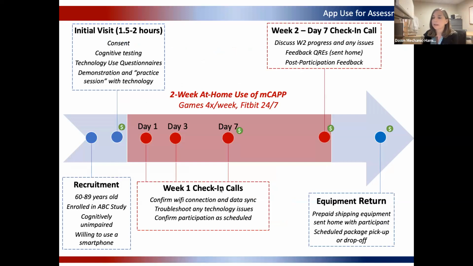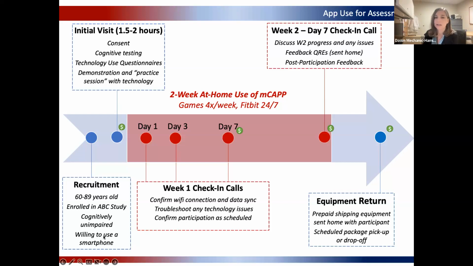This is our basic setup for our study. So these are the folks that are in our study. They're in our ABC cohort, which is our clinical core of our ADRC, our Alzheimer's Disease Research Center. And we're recruiting right now only cognitively unimpaired folks who are willing to use a smartphone.